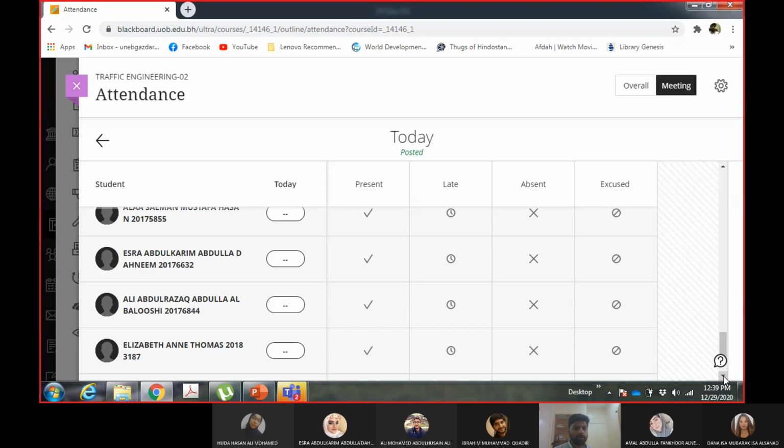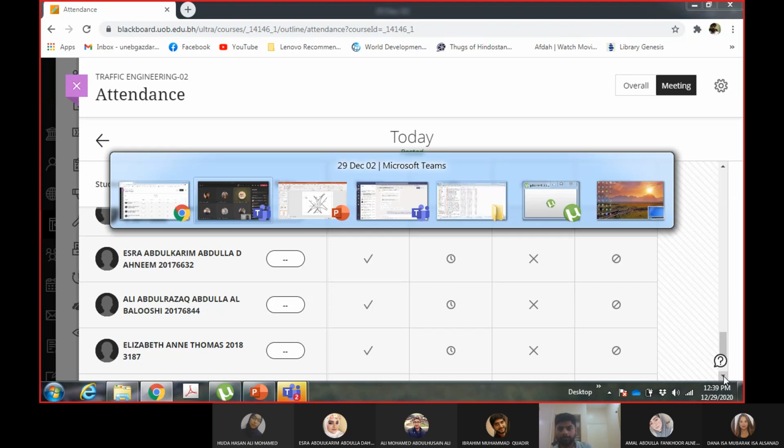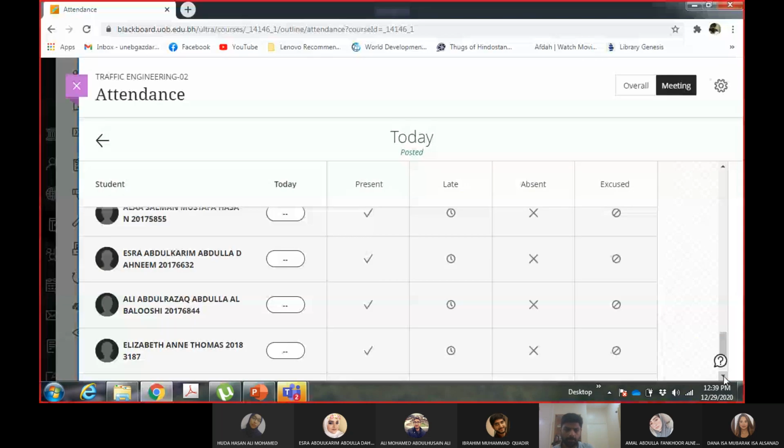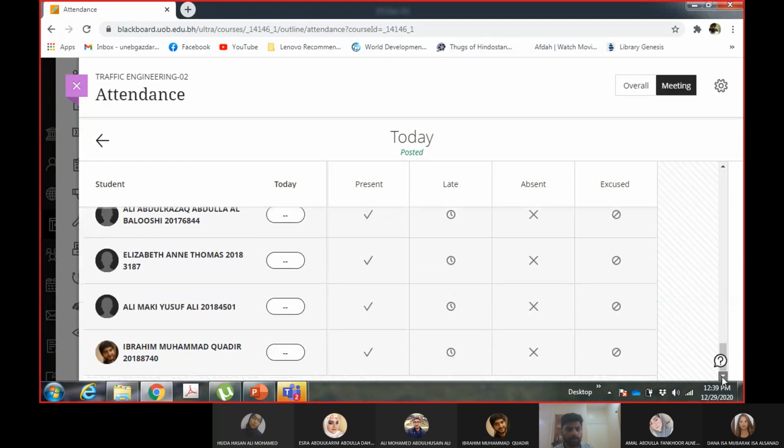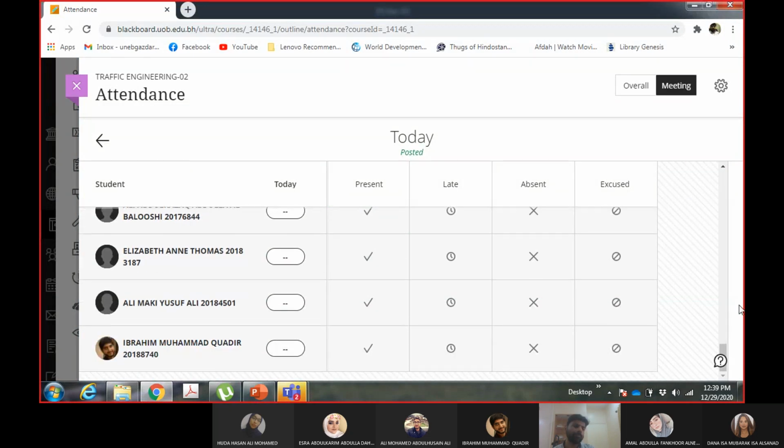Ala Salman, Isra Abdul Karim, Ali Abdul Razak, Elizabeth N. Ali Makki and Ibrahim Muhammad.